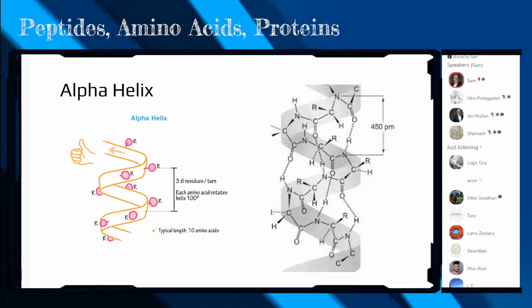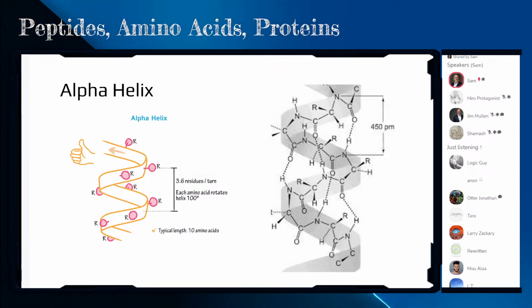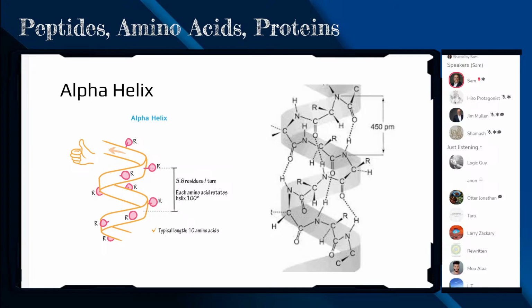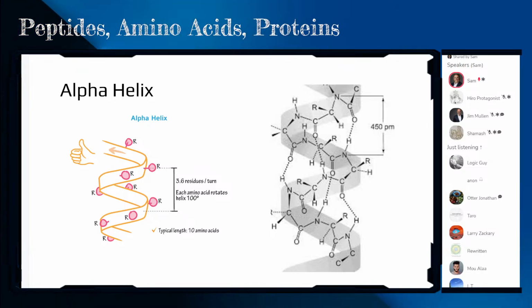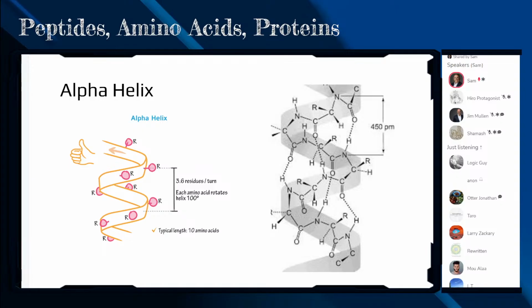But what I want to show you is on the right-hand side, you see that hydrogen bonds form between the hydrogen atom of an amino group of one residue to the oxygen of a carboxyl group of another residue. And it is this hydrogen bonding that pushes the amino acids into this helical conformation.